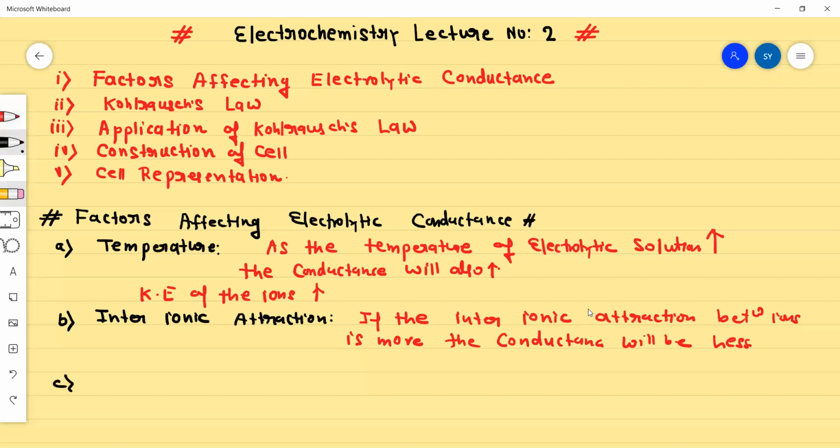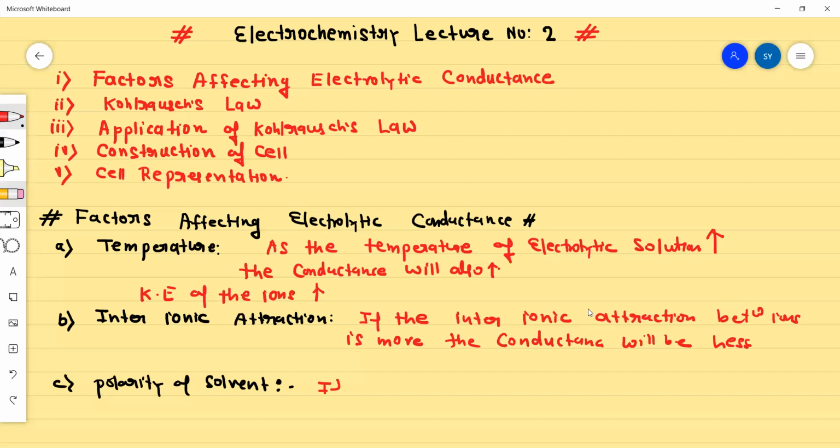After that, the polarity of the solvent, because that is where you are going to add the solute. The polarity of the solvent is also very important. If the solvent has a very high dielectric constant, then the ionization and the conductance both will happen. Unless there is ionization, there is no ion formation. So the solvent where you put an electrolyte or your solute should have a very high dielectric constant.